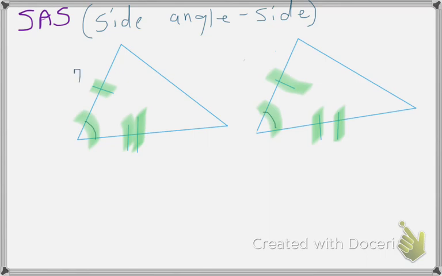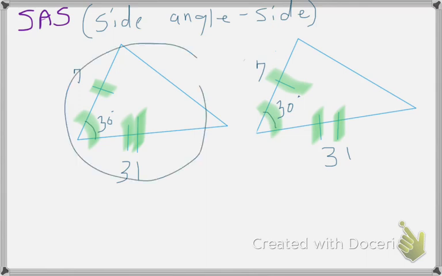So we put 7. Since this has the 1, it has to go over here with that 1. If they put this one to be 30 degrees, then this has to be 30 degrees. And if this one was, I don't know, 31, this one has to be 31. Okay? They just match. Which means that these two triangles are congruent by side, angle, side.